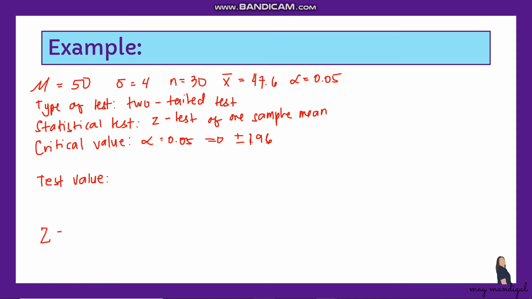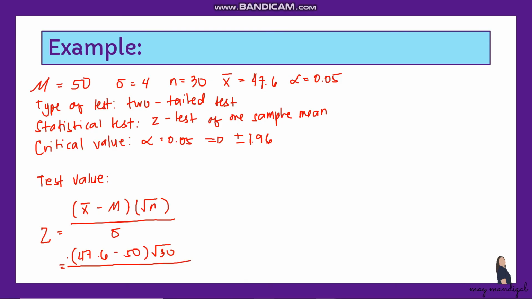So z is equal to the sample mean minus the population mean times the square root of n all over standard deviation. So that is 47.6 minus 50 times the square root of 30 all over 4. All you have to do now is input this on your calculator. So the final answer will be negative 3.29. So that is now our test value.